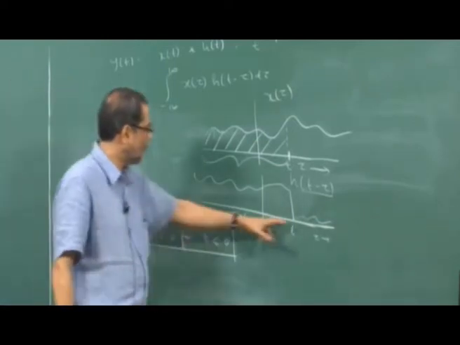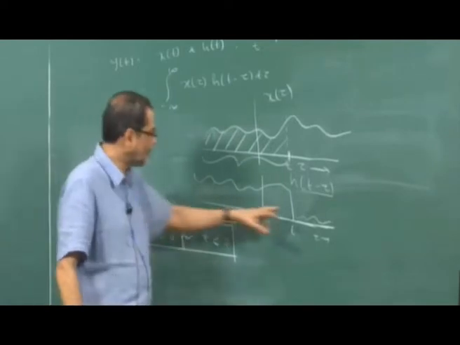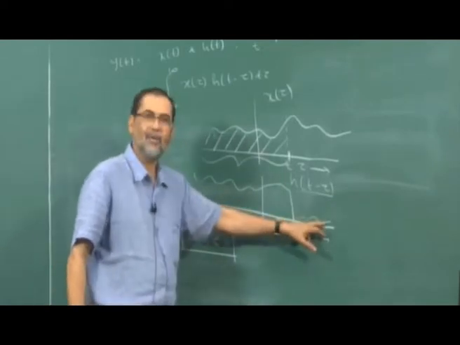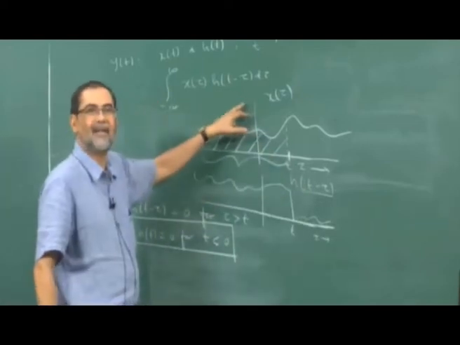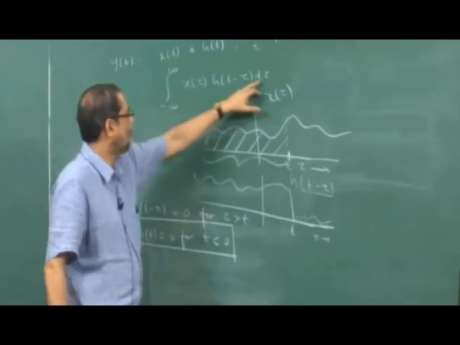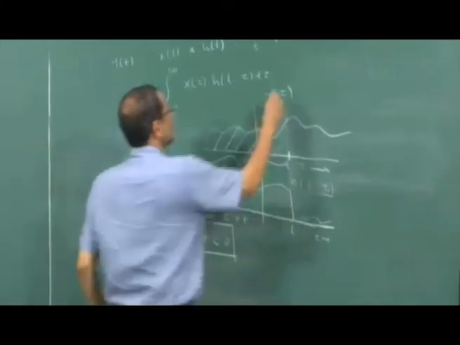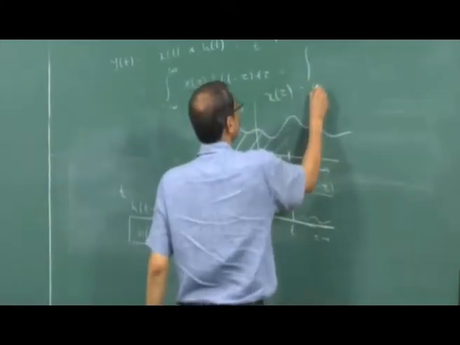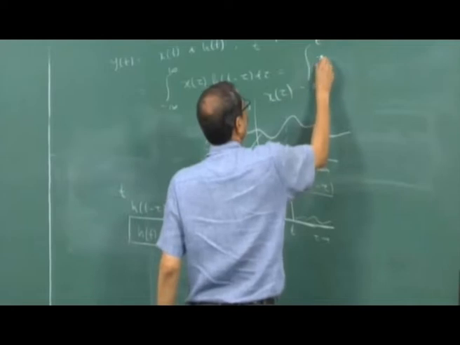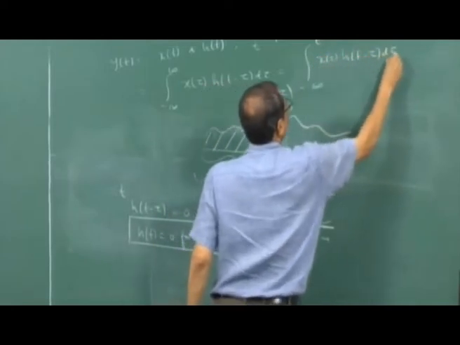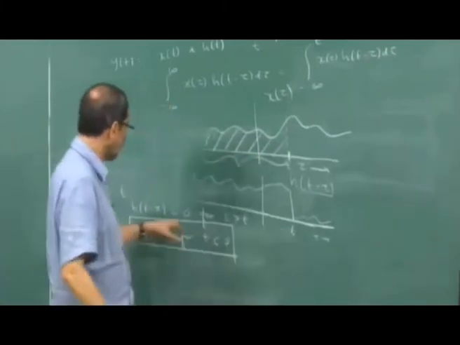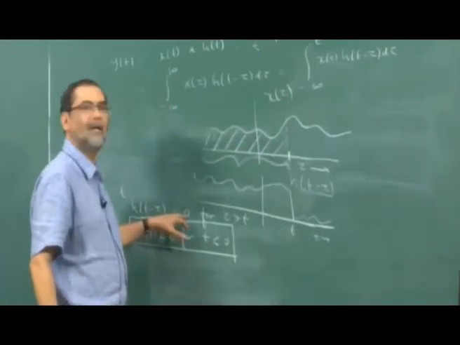Because if this part is 0, then since h of t minus tau is 0 for tau greater than t, I will get the integral from minus infinity to t of x of tau h of t minus tau d tau, because beyond that it is equal to 0 by the requirement.